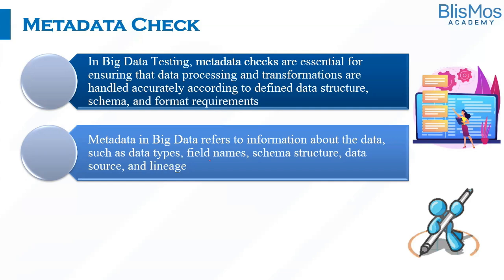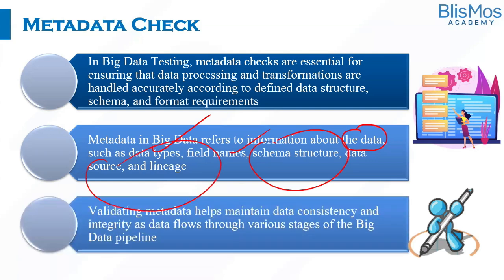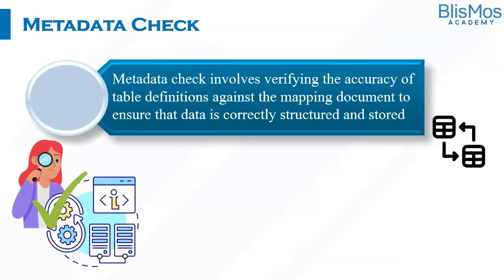So metadata in big data refers to the information about the data such as data types, field names, schema structure, data source, and lineage. We have to validate the metadata to have consistency and also integrity as the data flows from various stages of the big data pipeline.